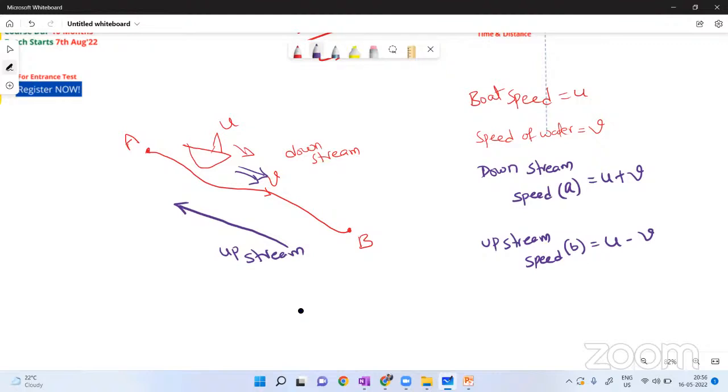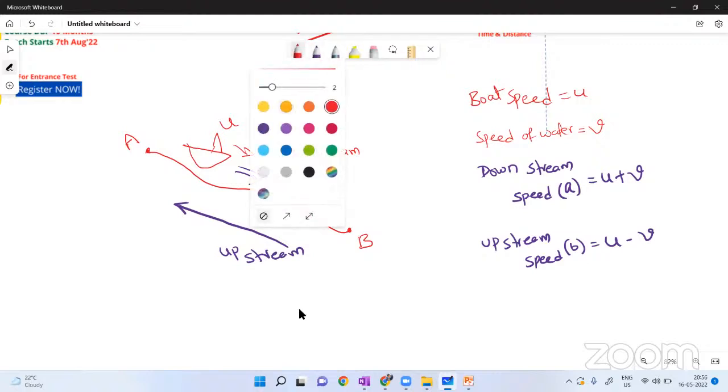So from the two equations, I'll change the color and write with green.